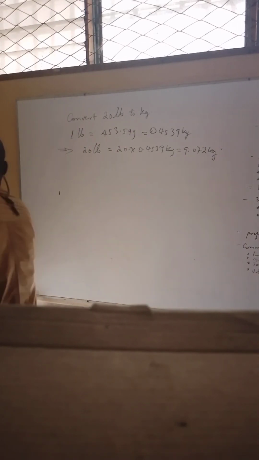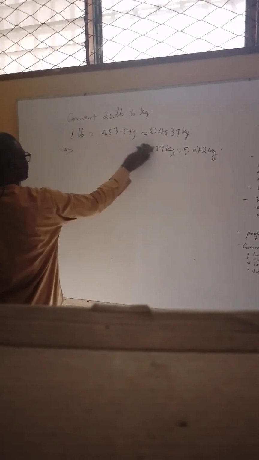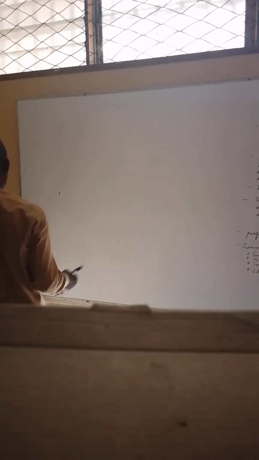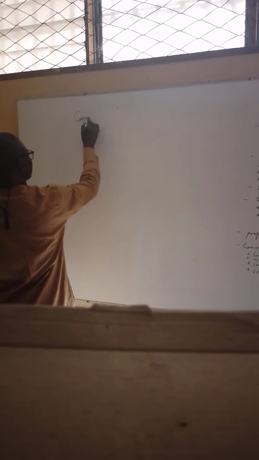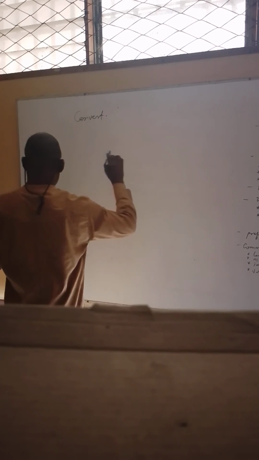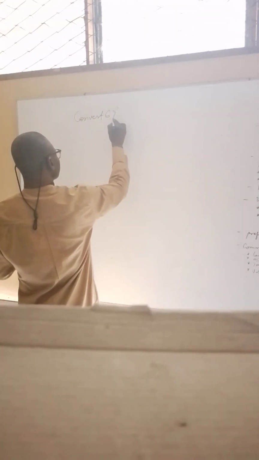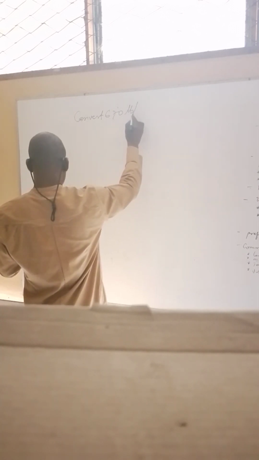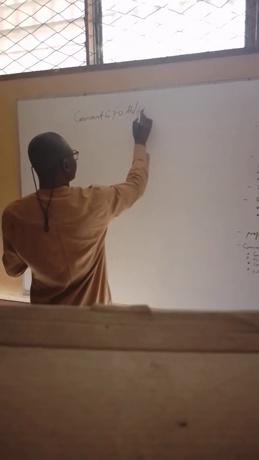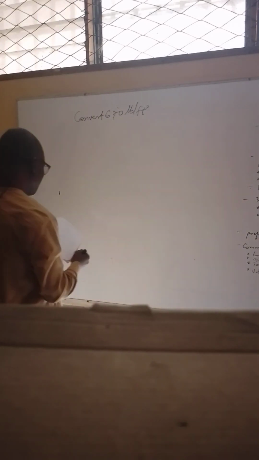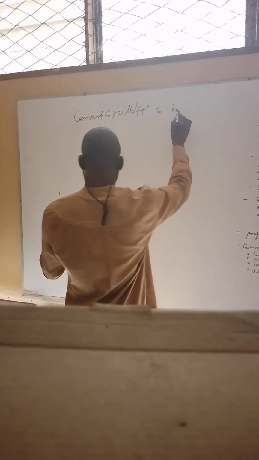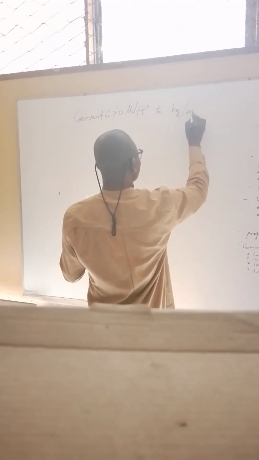And then the third example is to convert 670 pounds per feet cube to kilogram per meters cube.